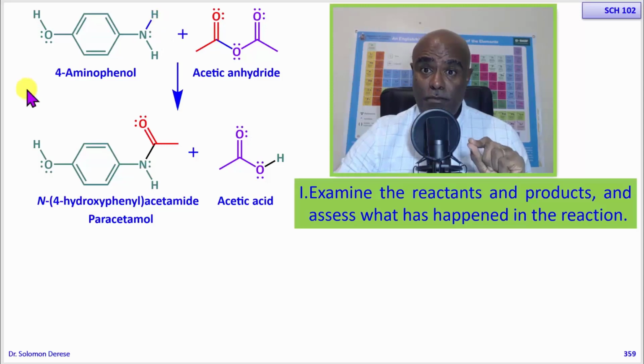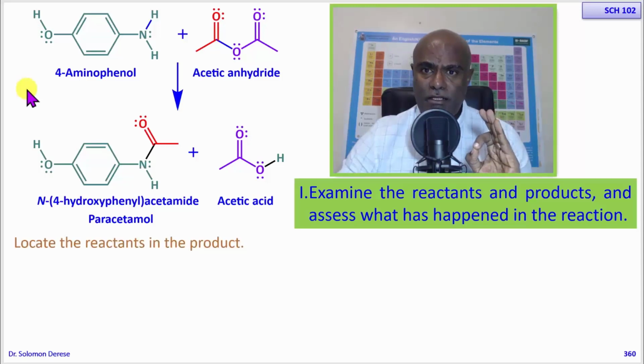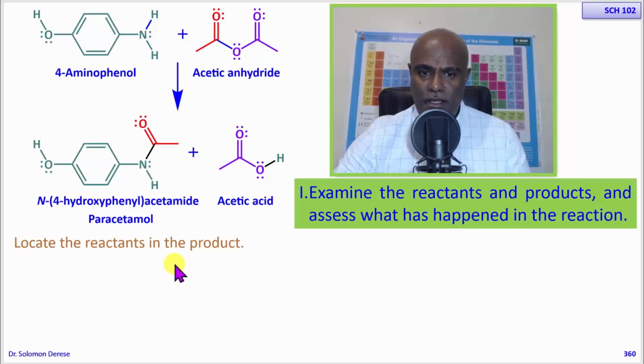Reaction mechanism is basically figuring out how bonds are broken and how bonds are formed, and then showing that using curved or curly arrows. Before you do that, you must have a good understanding of the reaction. So the first and most important step of a reaction mechanism is locating the reactants in the product.